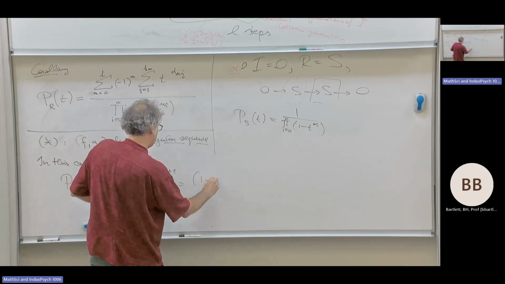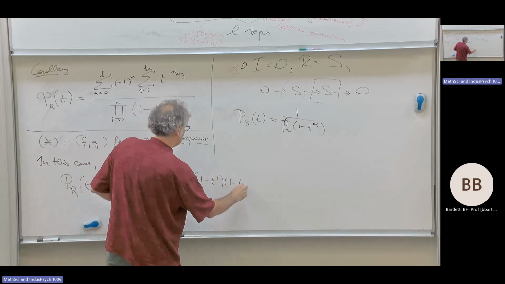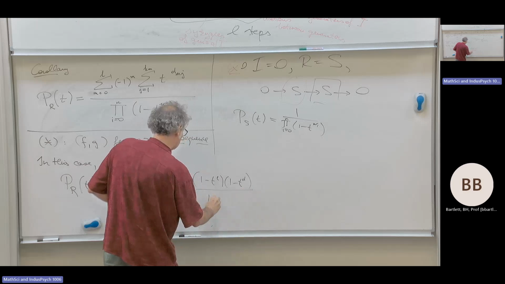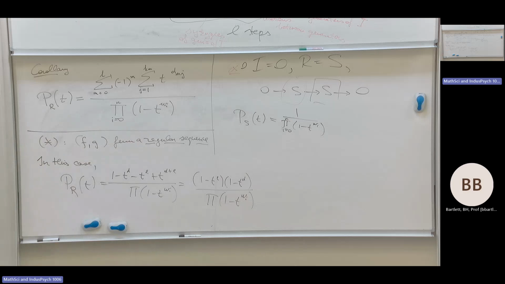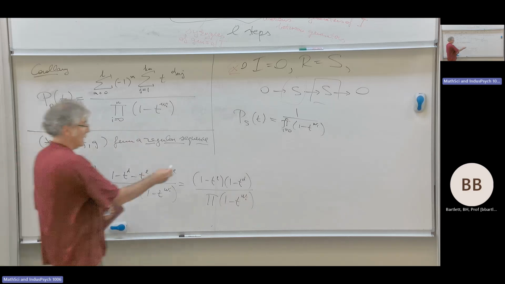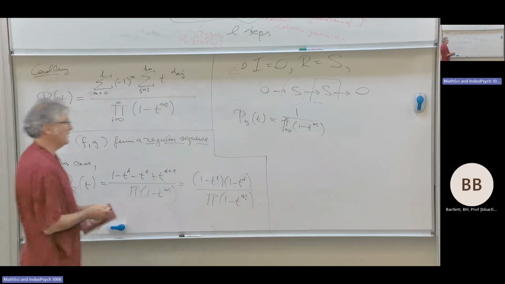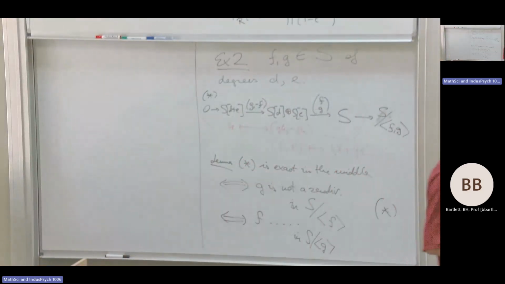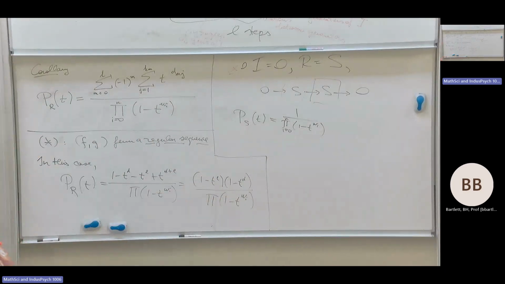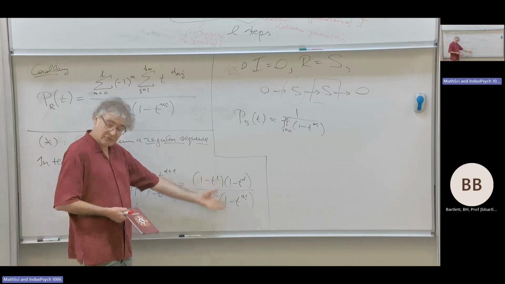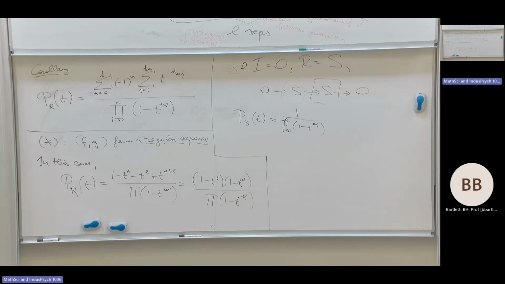So this is just 1 minus t to the e, and 1 minus t to the d, over the product of 1 minus t to the w_i. This is a typical situation for these regular sequence cases: you're always going to have a factorizable numerator and denominator. These are never equivalent conditions, but if you have a regular sequence situation, then your Hilbert function is going to show up like this.